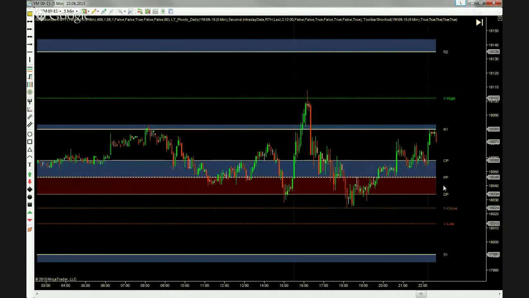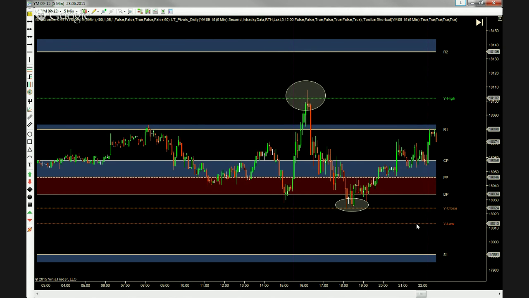Based on this value, we create resistance and support levels, and you see that the market is reacting off of this, having a little bit of resistance here, and then going straight up to yesterday's high and finding very much resistance there, and just coming straight back into the pivot, and then finding support down here at yesterday's close level.